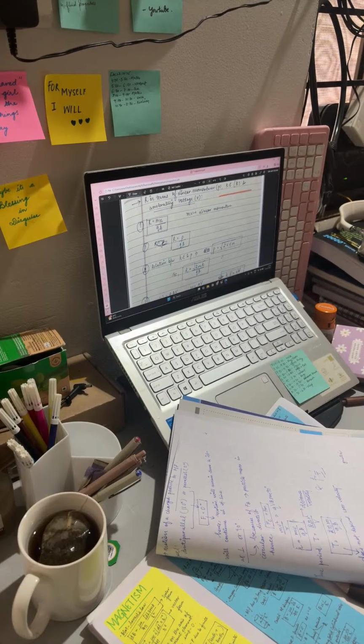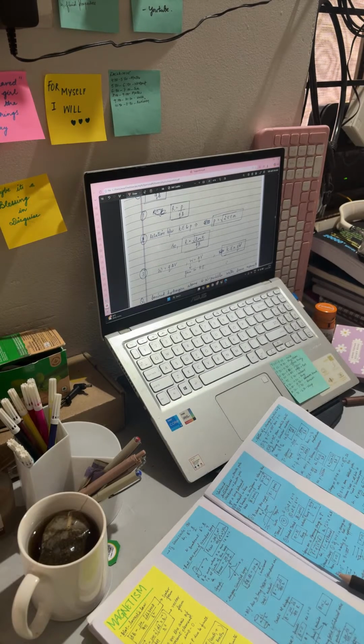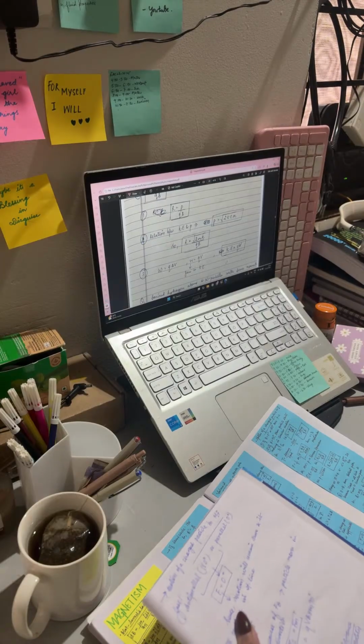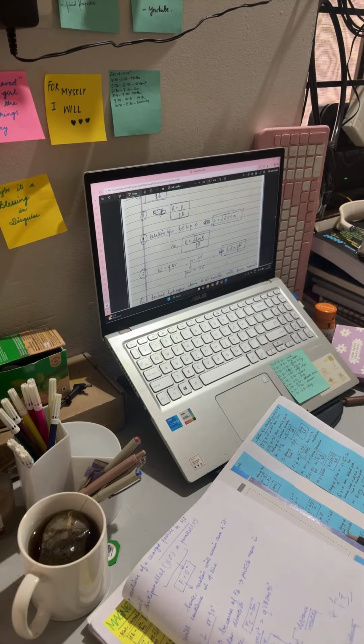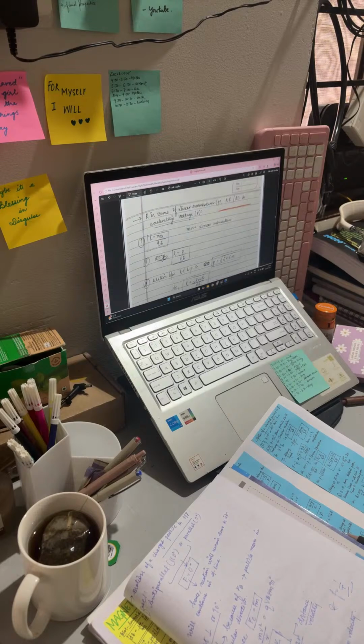Half mv square, right? Okay, got it. So now what's happening is, we know mv is momentum, so simply we get radius equal to momentum upon qB.